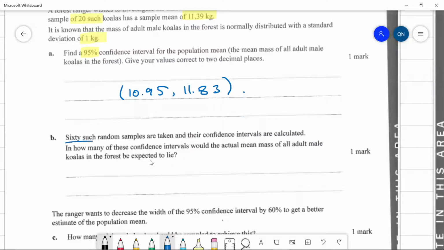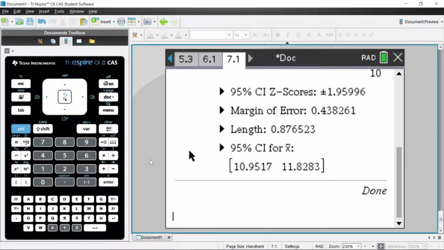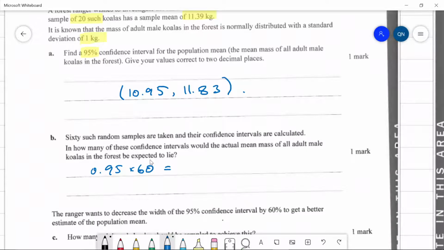It says 95% of 60, which is 0.95 times 60, 57.